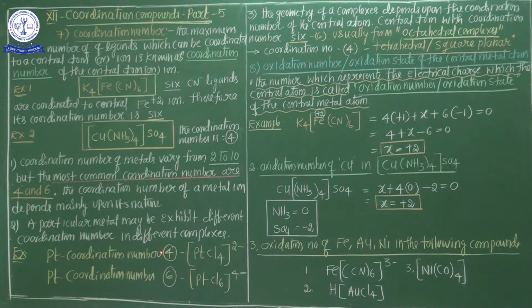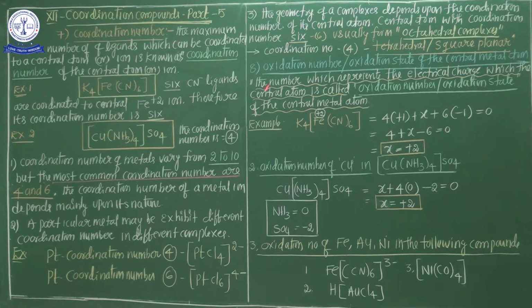That is the most important point. The metal cannot show the same kind of coordination number in a coordination compound; it may change from complex to complex. This is the second important point about coordination number.